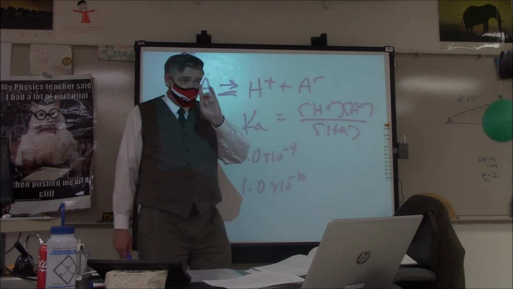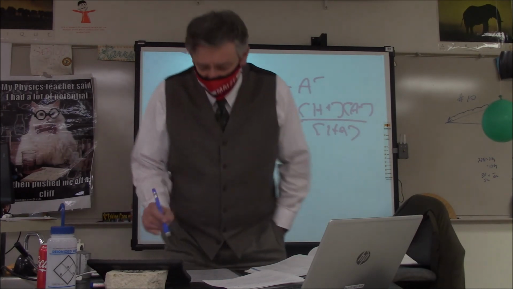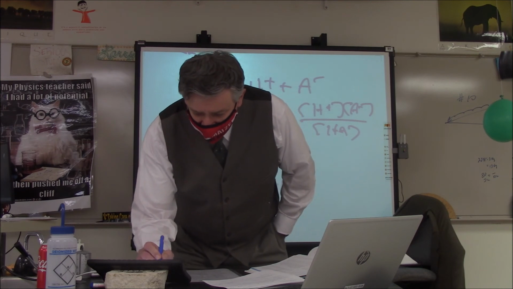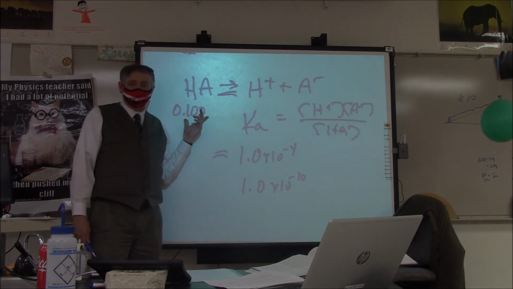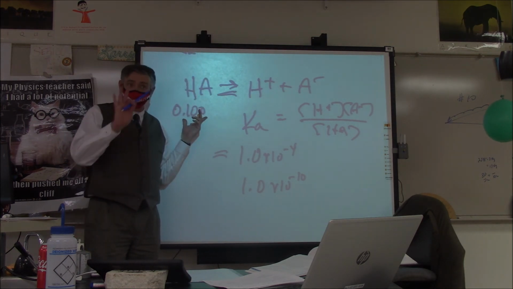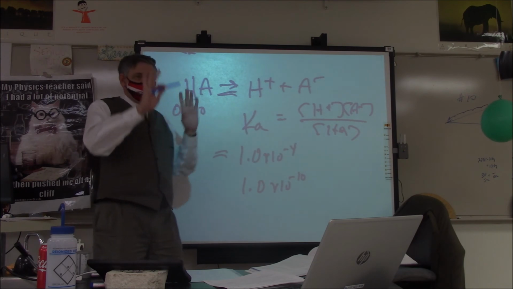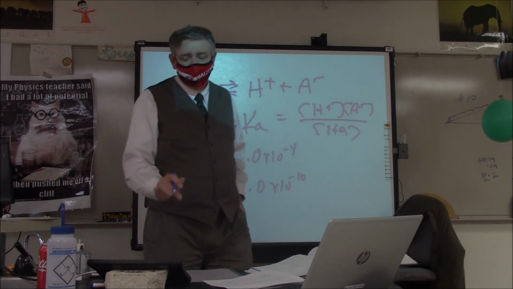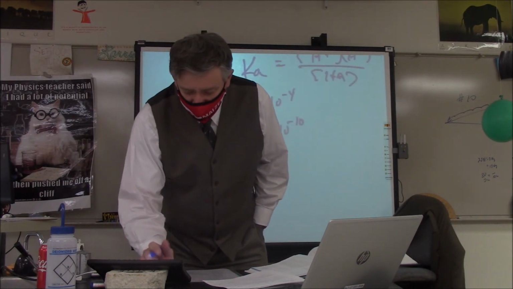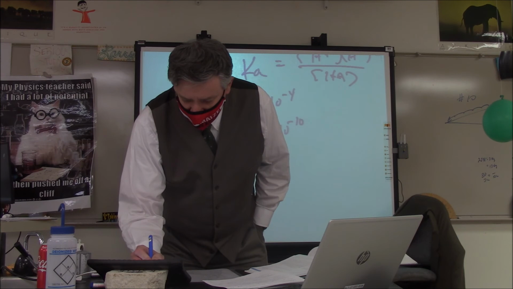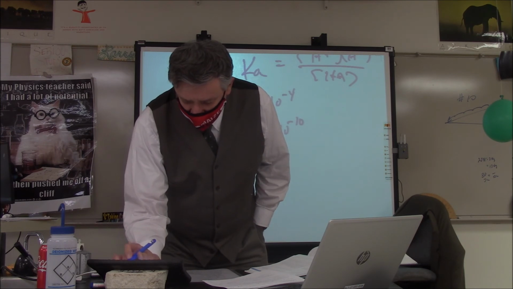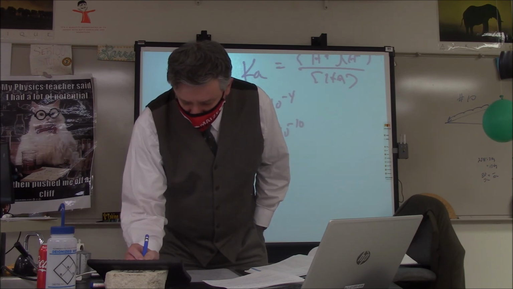Now, let's say, okay, so I'm going to get out your calculator. So let's say that both of these initial concentrations are 0.1. So this is hopefully where this all makes sense. So the concentration of X when it ionizes is going to be the Ka times the concentration of the acid, which is 0.10.